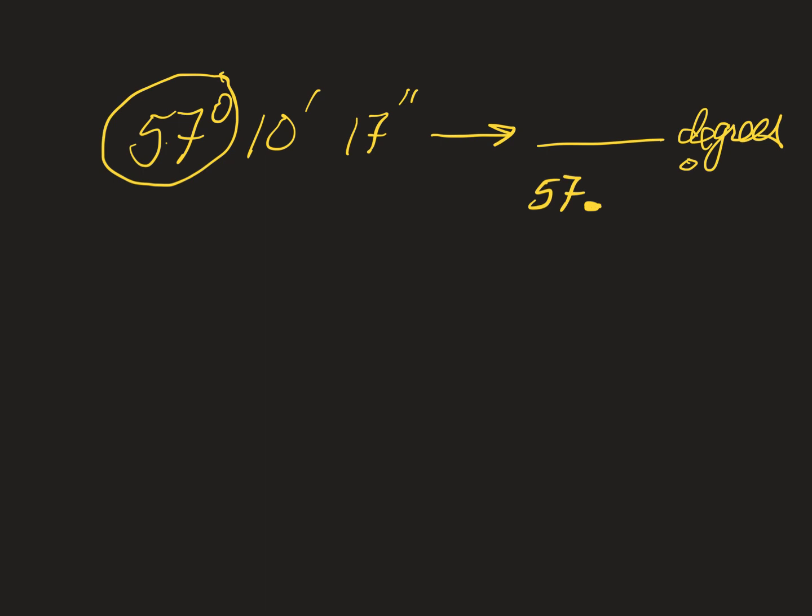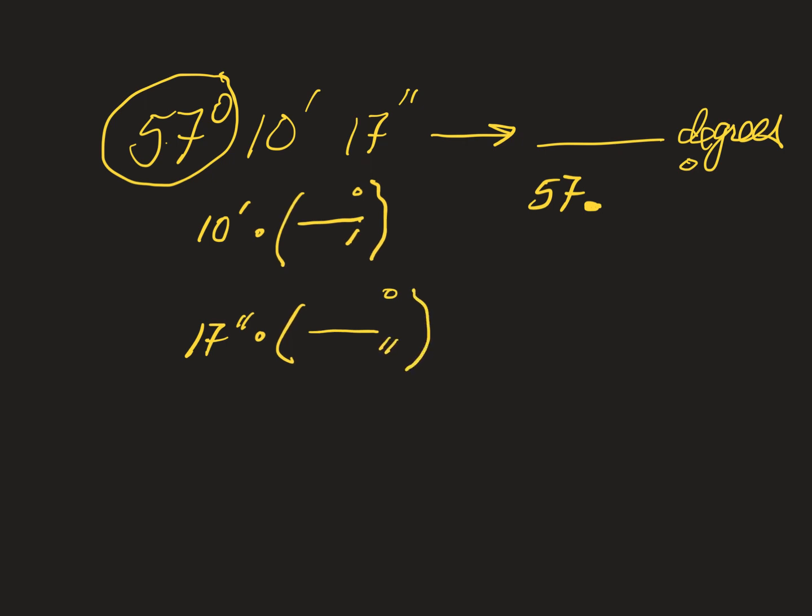So all we need to do in this case, we have 10 minutes. That means we need to multiply by something with minute in the denominator and degree in the numerator. And in the same way, for 17 seconds, we need to multiply by something that has degree in the numerator and seconds in the denominator.